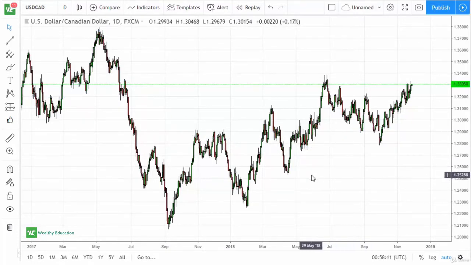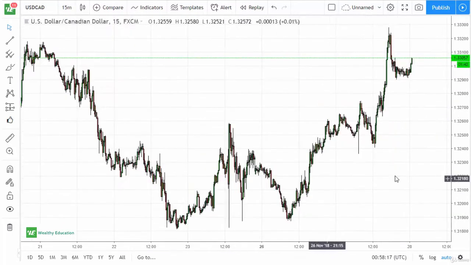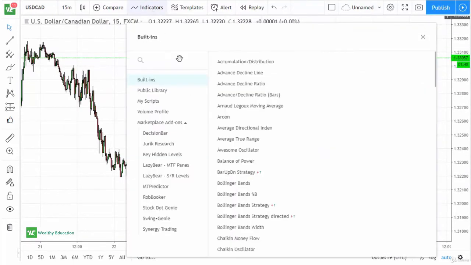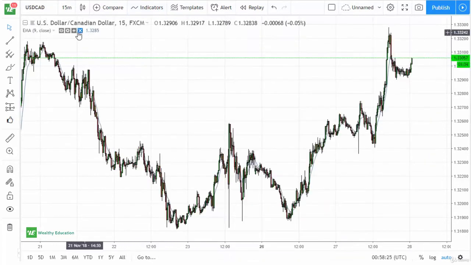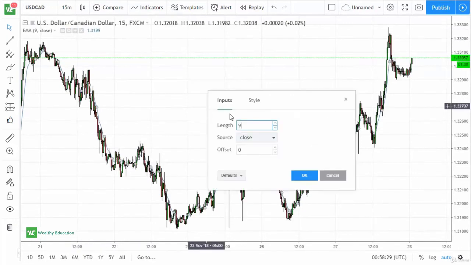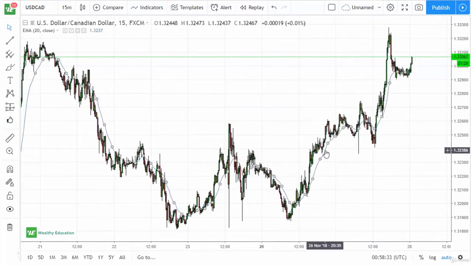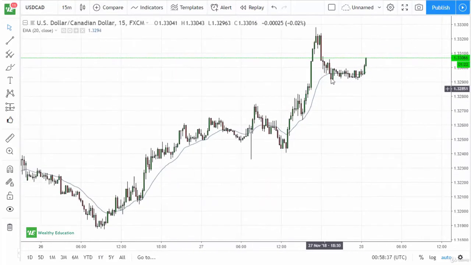Now, there are other moving averages that people will pay attention to, such as the 50 and the 100-day moving average. And they will even extrapolate this stuff down to the 15-minute chart. So, for example, they may take like a 20 moving average, and you can see that when I put a 20 moving average on this chart here, it moves much quicker on the 15-minute time frame, but it does give you an idea of what the short-term trend is.